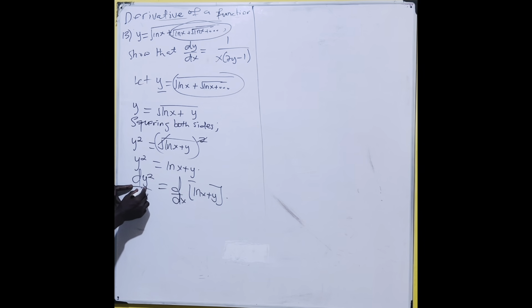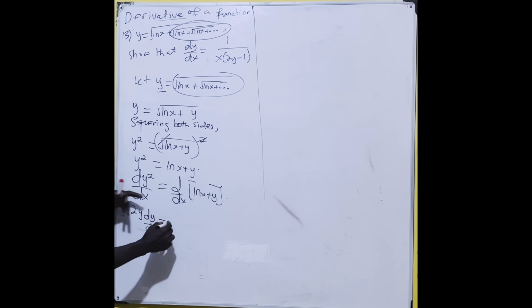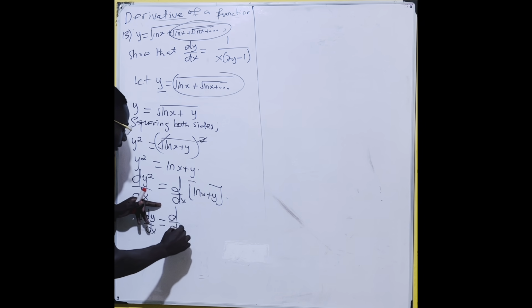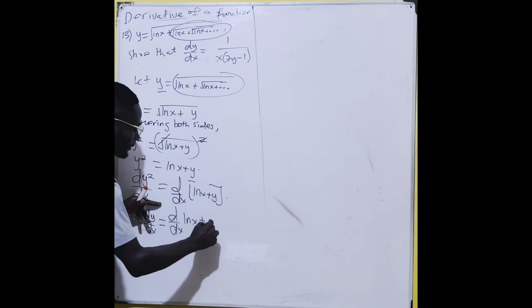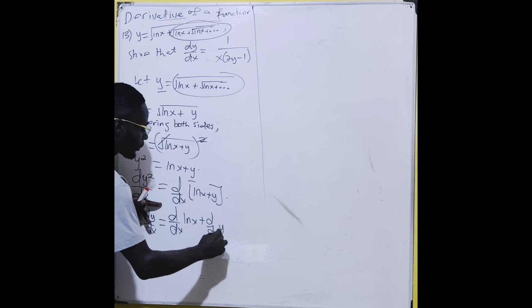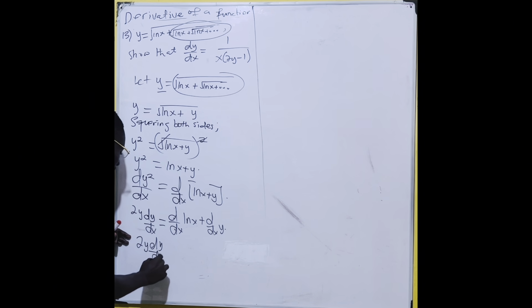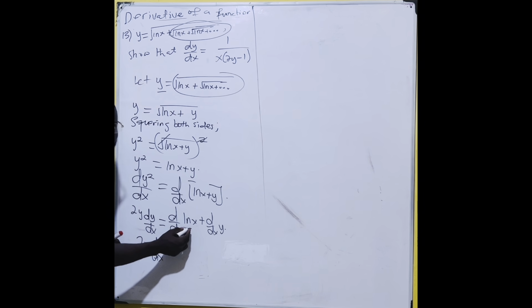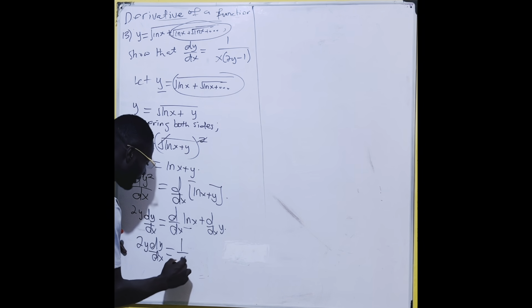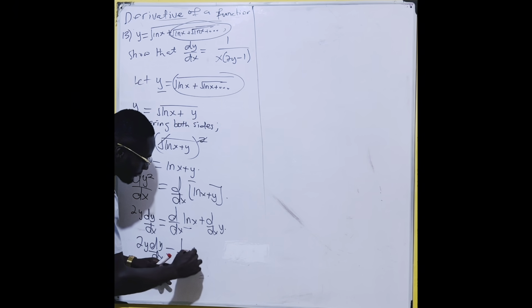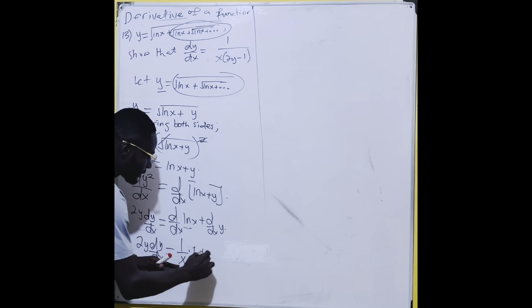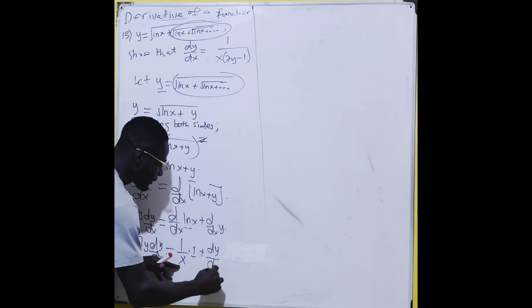So when you differentiate y squared with respect to x, we're going to have 2y dy/dx equals differentiate ln x plus differentiate y. So we're going to have 2y dy/dx equals the derivative of ln x, giving us 1 on x, times 1 plus dy/dx.